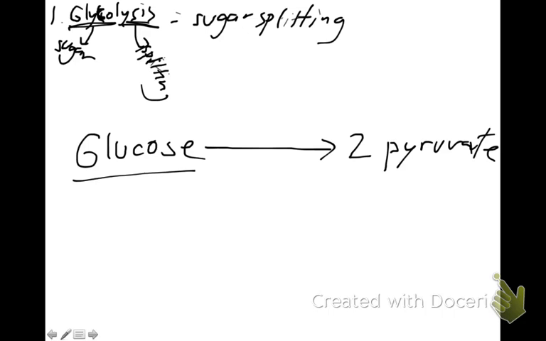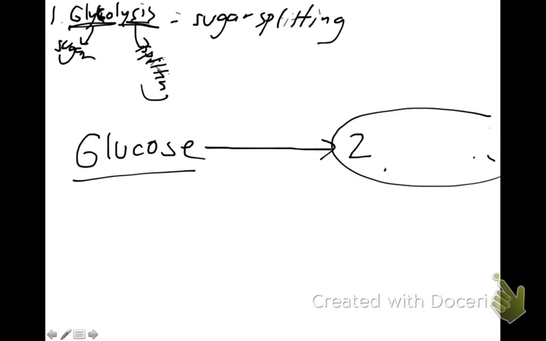Now, we don't really care about the pyruvate as much. Okay, and I'm actually going to rewrite pyruvate because that is awful. Oh man. Here's my pyruvate. So glucose is going to be broken down, this process known as glycolysis, and split into 2 pyruvate molecules.